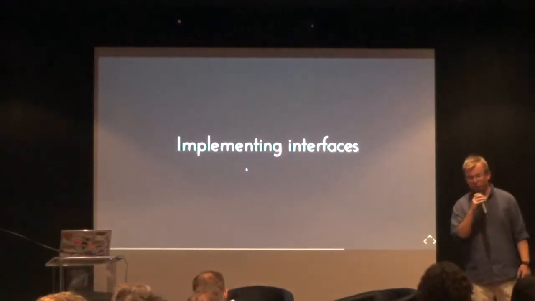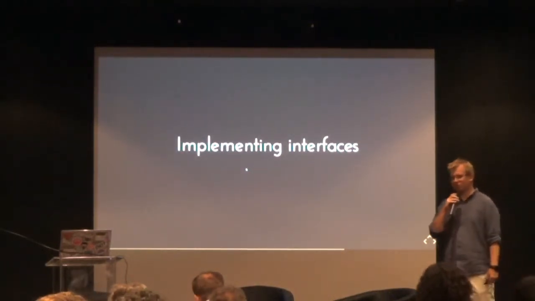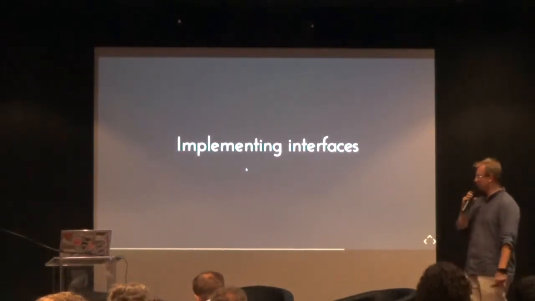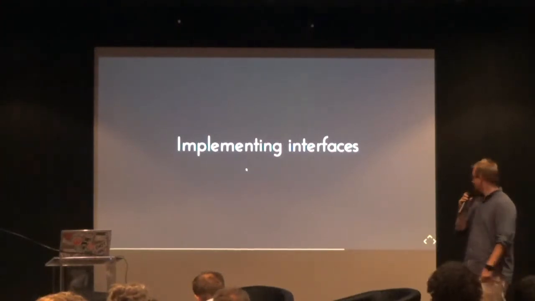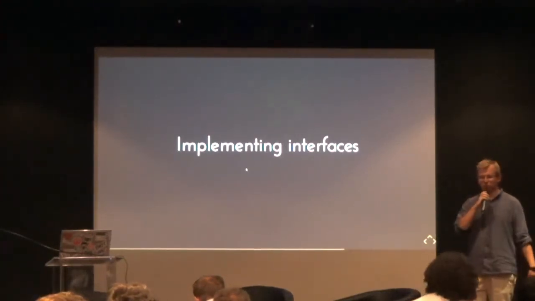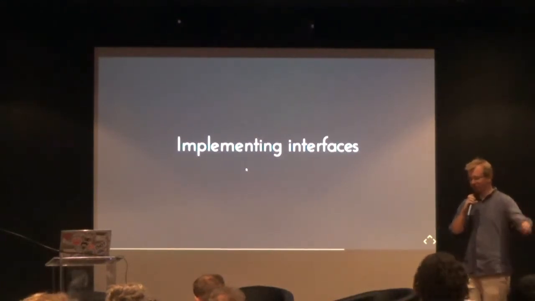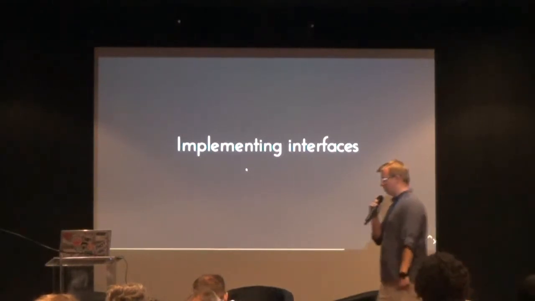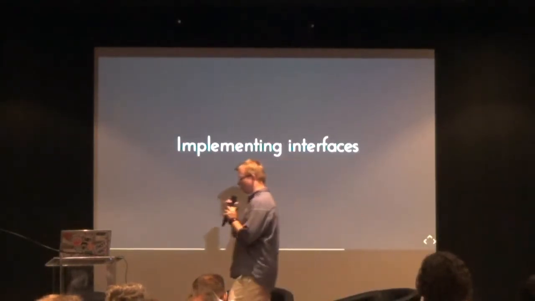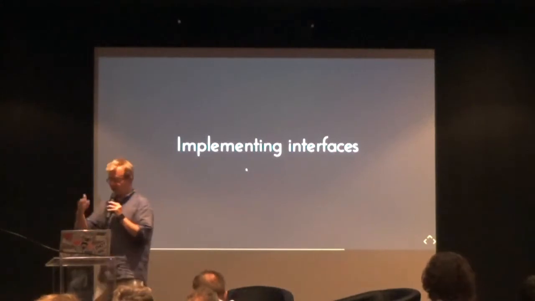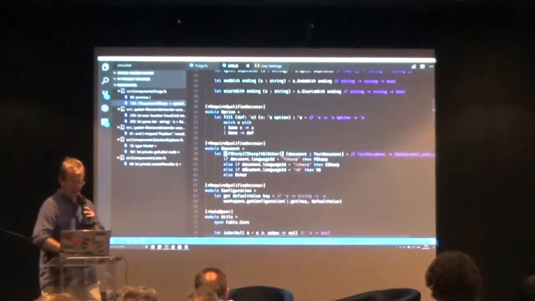It's implementing interfaces, and by implementing interfaces, I don't mean actually implementing interfaces on classes. I mean something called object expressions, which lets you implement an interface inline instead of creating a full type and implementing this interface, overloading all members and blah blah.